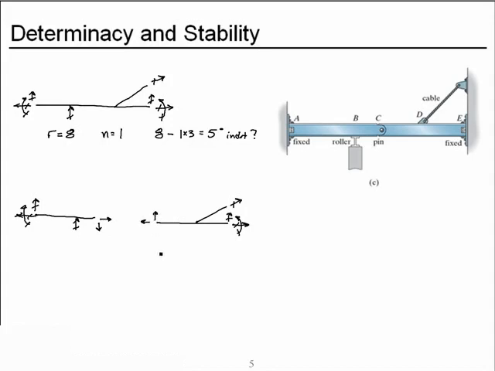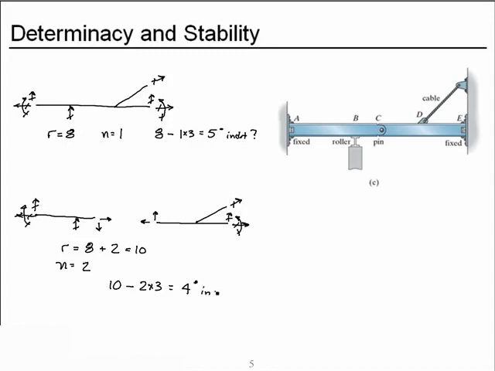So now, if I look at my unknown reactive forces, I get the original 8 from the external supports, 2 from where I cut the pin to make it two separate members, and that's a total of 10. My number of free bodies is 2. When I take the 10 unknown reactive forces and subtract the total number of equations of equilibrium I have, I now get 4.